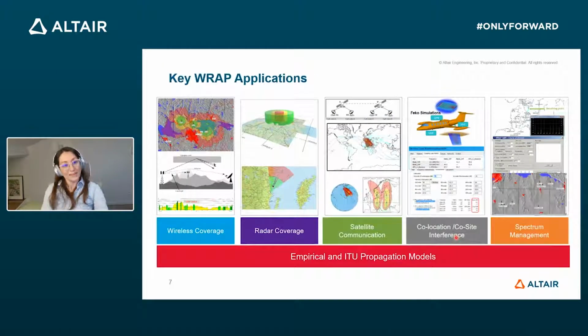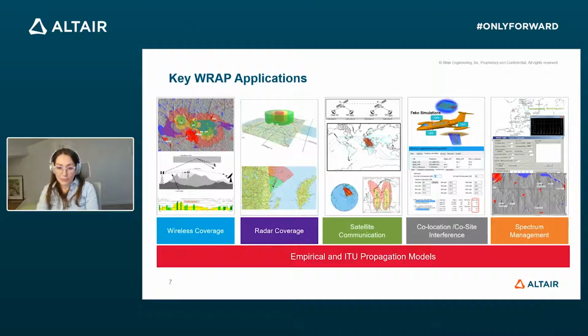Coming to RAP, the key applications for RAP are related to wireless coverage analysis, some radio coverage, as well as satellite communication and satellite footprint simulations and analysis as well. We can also perform some co-location and co-site interference analysis in cases where we have multiple antennas, part of different communication systems coexisting in a very small area or environment.